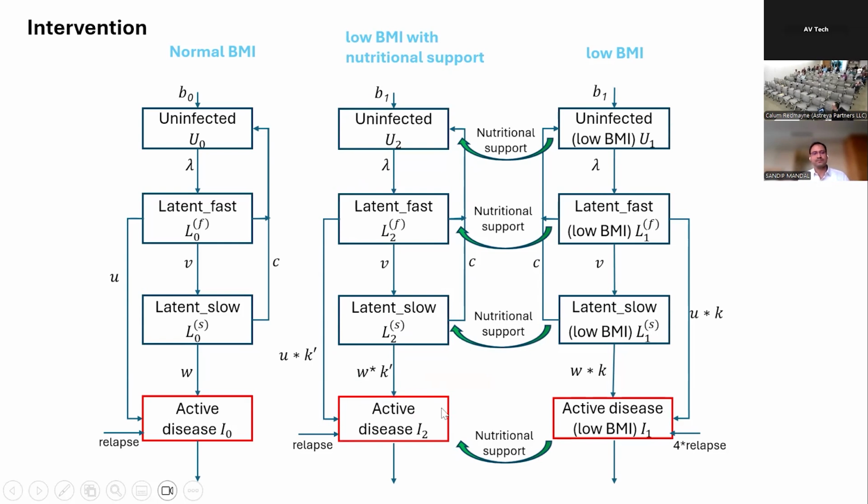So we tried to fit the relative variation of K and K prime with nutritional support. That has been modeled through the Bhargava trial study, so incidence reduction would be 40% in the middle group compared to the left-hand group.